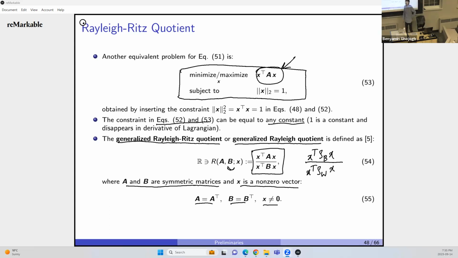If we maximize this, can you give me your guesses what happens? When you maximize a fraction, it means you are maximizing its numerator and minimizing its denominator. Let's go one by one. Maximize the numerator, x transpose S_B x. What is x transpose S_B x?